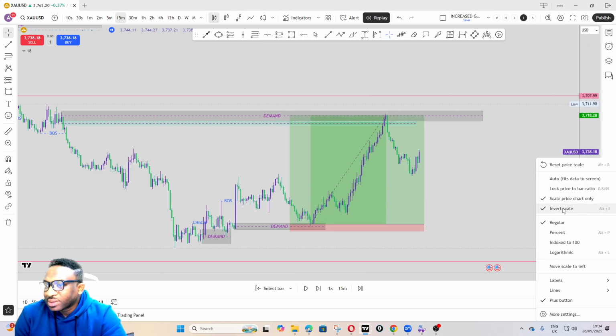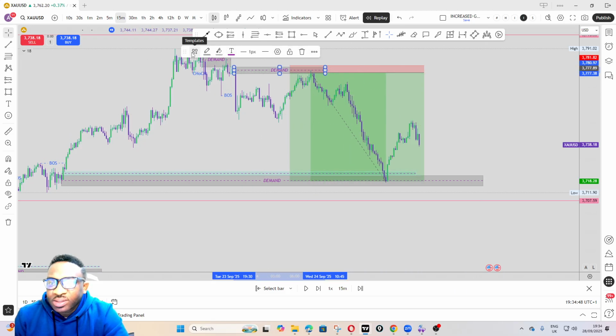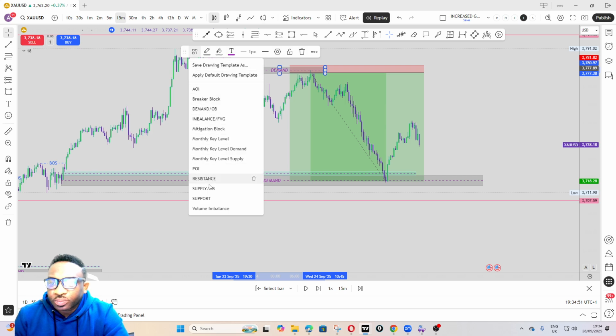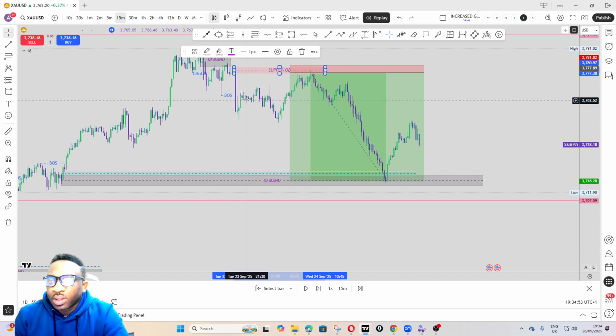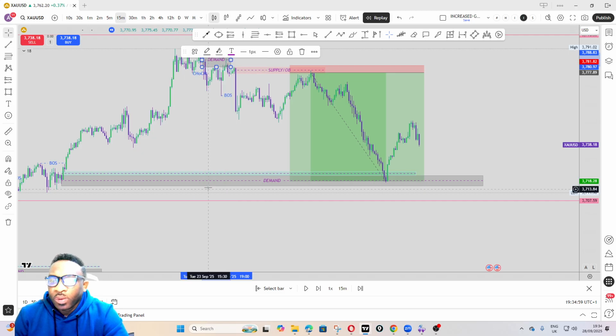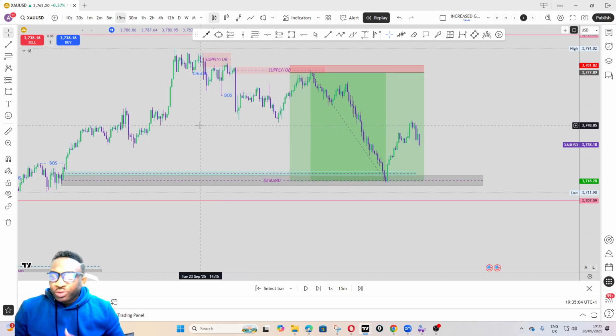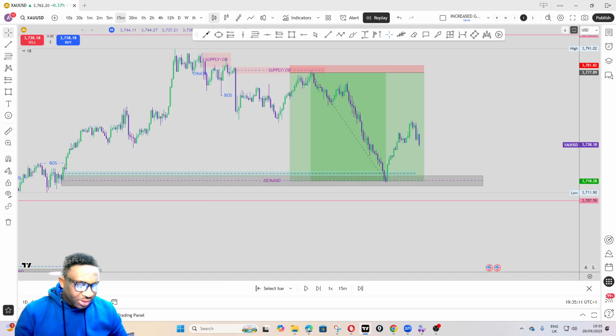So let's just be on the lookout for some of these criteria as it plays out. So we've gone through the basics that we need to know to get a nice reversal in the markets.